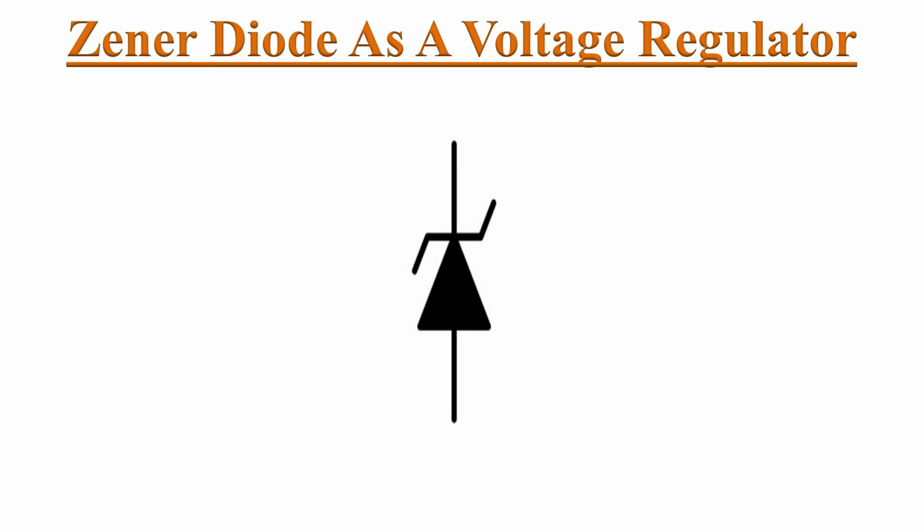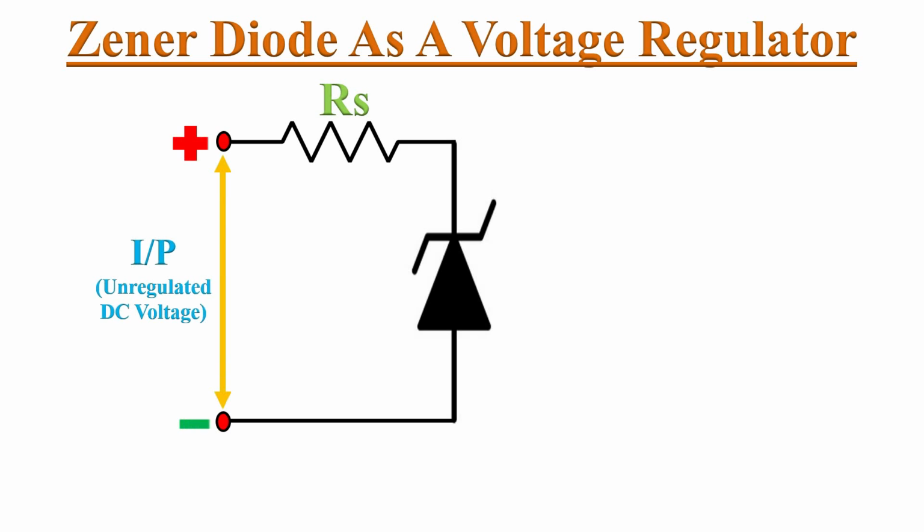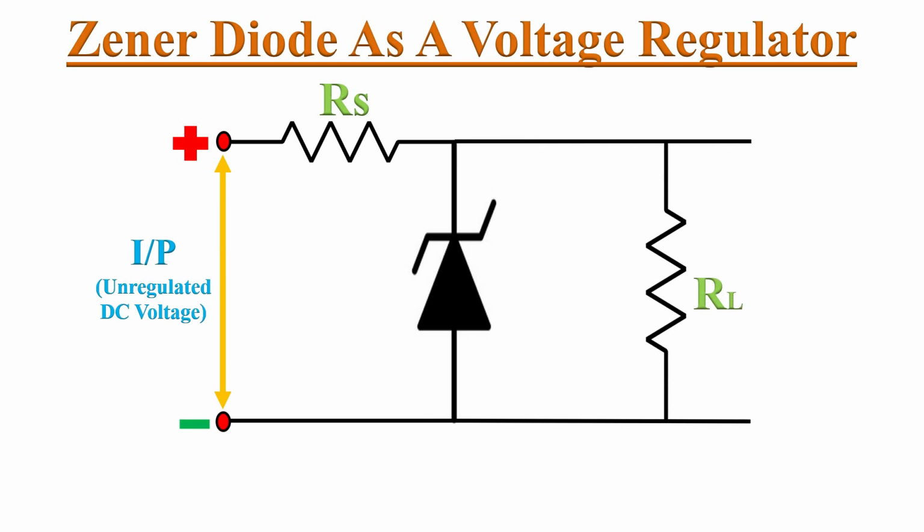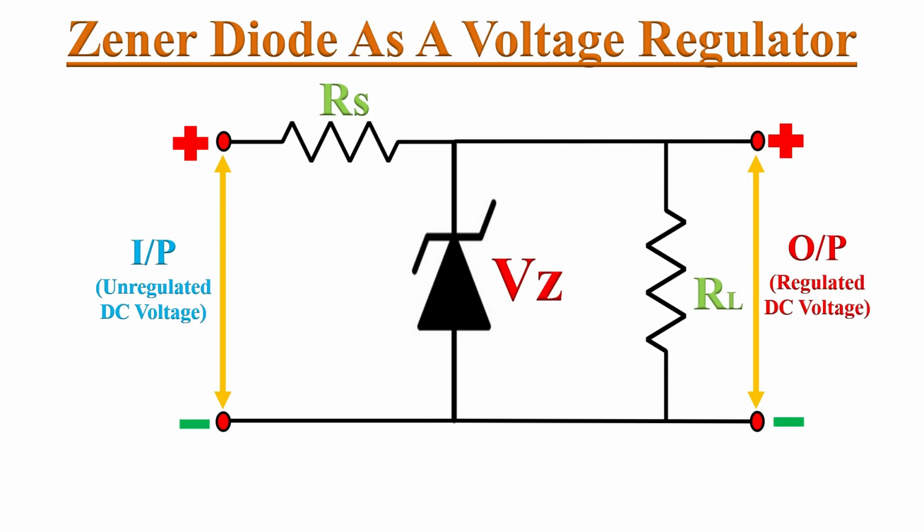So to limit excessive current, it is required to connect a current limiting resistor in series with the Zener diode before connecting it to the input voltage. Now we will get a regulated output voltage across load resistor RL.